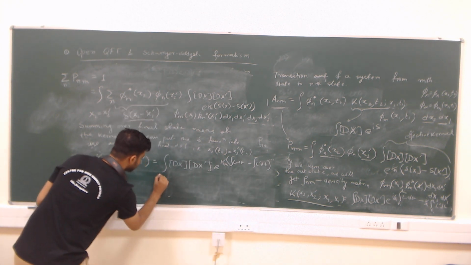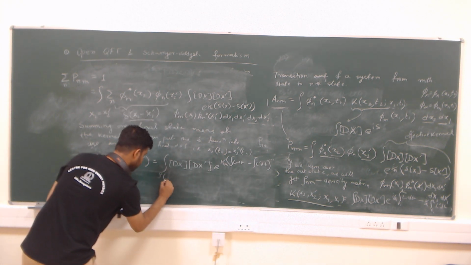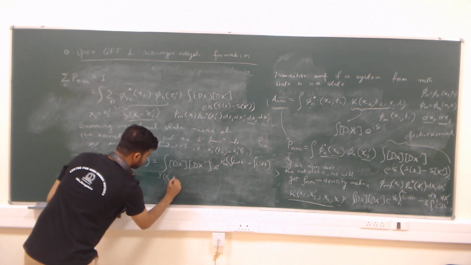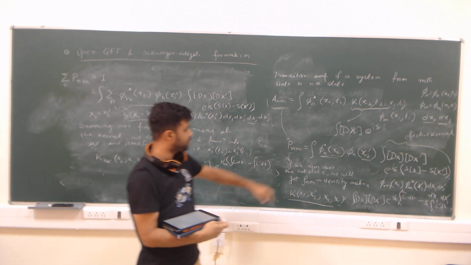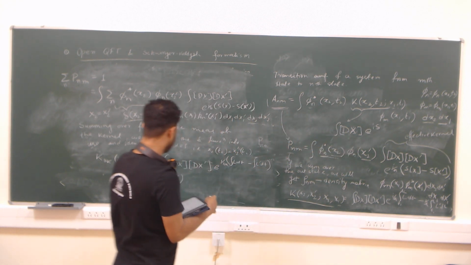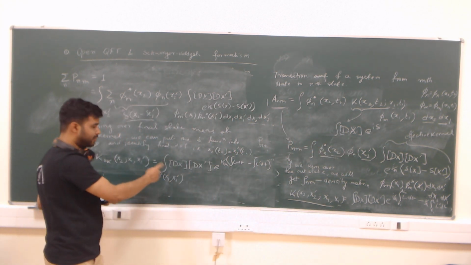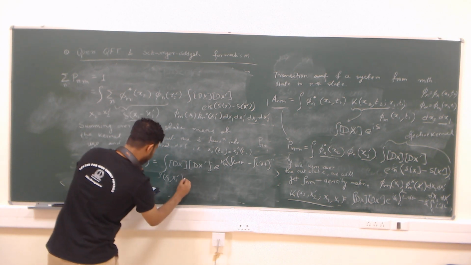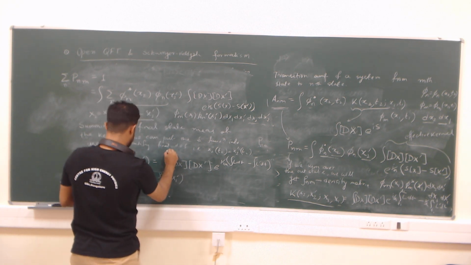Here we have a boundary condition where, for example, I can perform this integration and get the initial density matrix, which we will call rho of x1 x1 prime, which will be only a function of x1 x1 prime.